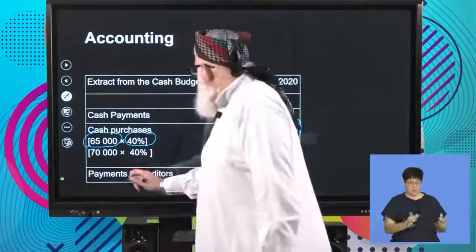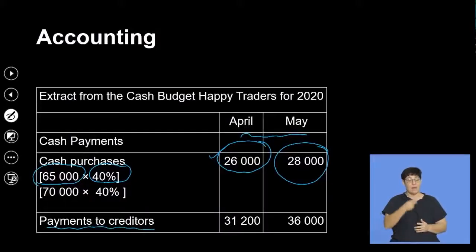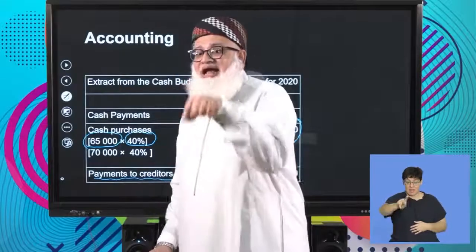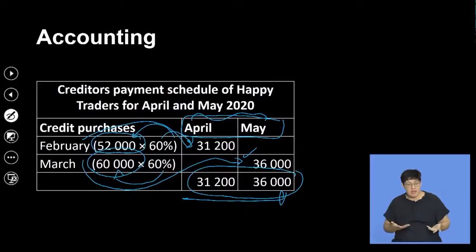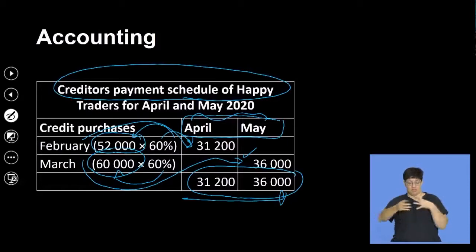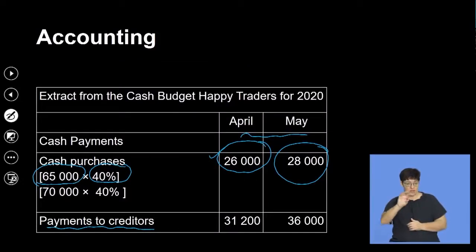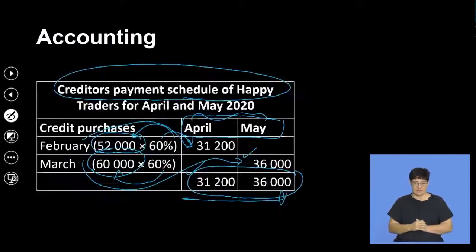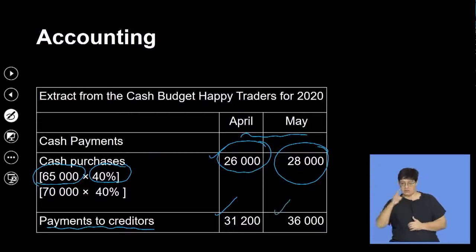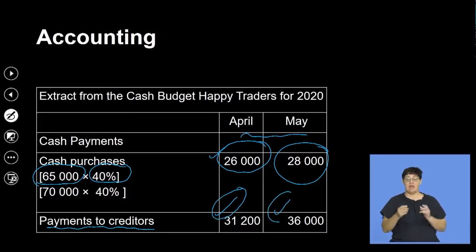But your payments to your creditors, these figures are coming from where? They are coming from your creditors' payment schedule. Can you see? 31,200. There we go. 31,200. What was the next month? May. 36,000. There's your 36,000. So once again, if this was being marked in the exams, these marks here, the cash purchases, are accuracy marks because the calculation is made in the cash budget.